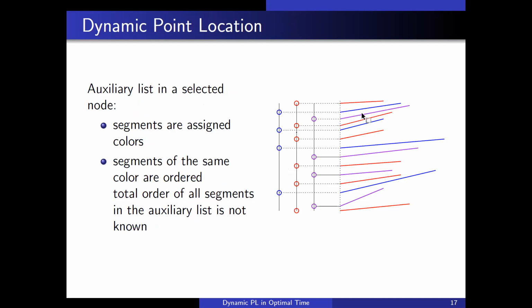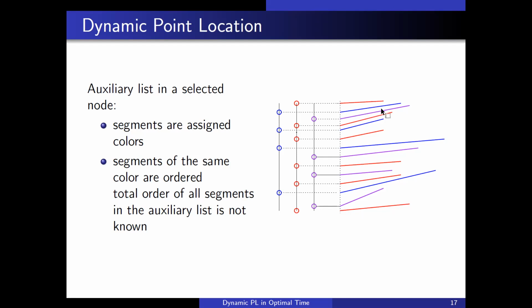So here are some details. This is how this auxiliary list looks like. There will be, in fact, log^epsilon n different colors. But in this auxiliary list, which is shown here, we only know the order of segments of the same color.